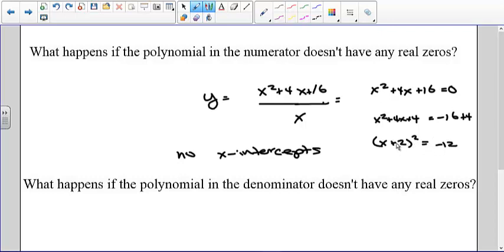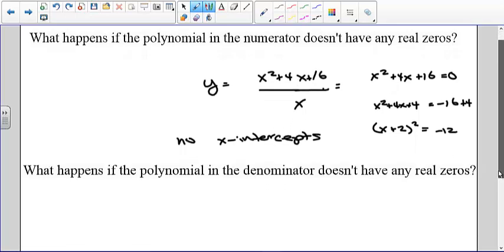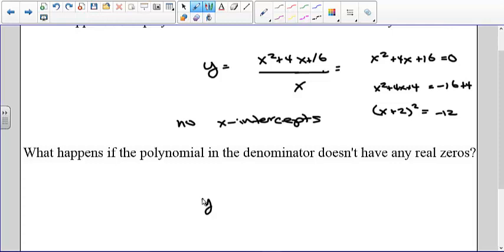Well, when you try to solve for x, you take the square root of negative 12, which you would end up with imaginary numbers. So this has no real zeros, and therefore there are no x-intercepts. And the same thing you could say if I just flip this thing over, x divided by x squared plus 4x plus 16.